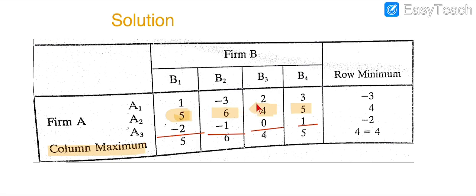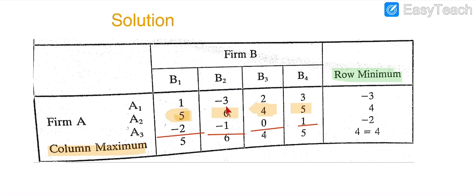1, minus 3, 2, 3. This is the first row. From the row you have to draw the minimum value. Row minimum value. And what is the minimum value? Check it. From the first row, 1, minus 3, 2, 3, which is the minimum value?